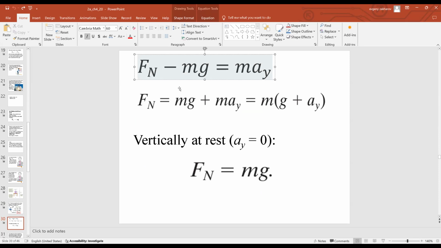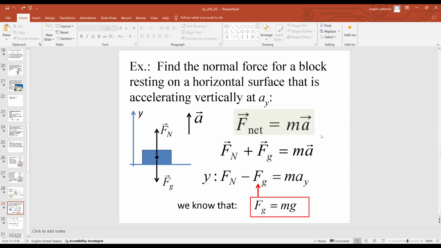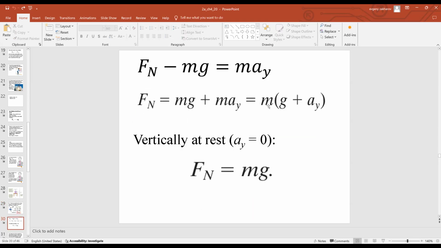So you solve for the normal force, you transfer gravity to the other side with an opposite sign. It was negative mg, now it's plus mg, plus ma. Factor out the mass, and you get m(g + a). So the more acceleration you have, the larger the normal force is going to be. If acceleration is 0, then you just have your normal weight with no overweight or underweight. So just mg.